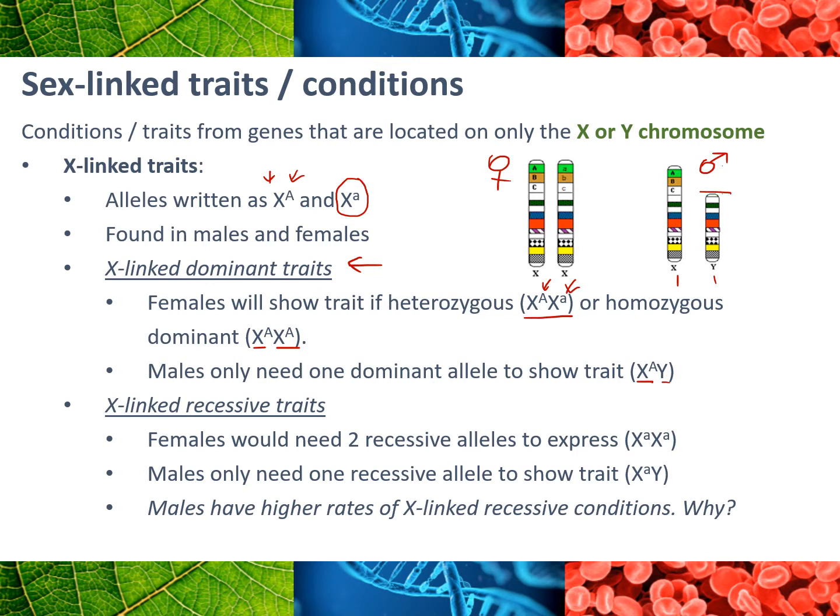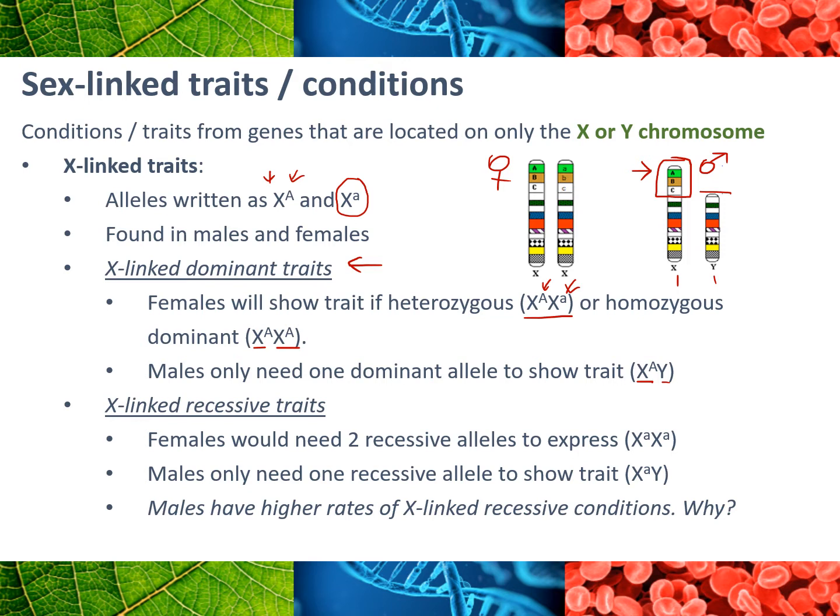So for any traits or conditions that are coded for in this top part of the X chromosome, there's no Y equivalent to that, which means that whatever version a male has in this part of the X chromosome, they will express that trait.